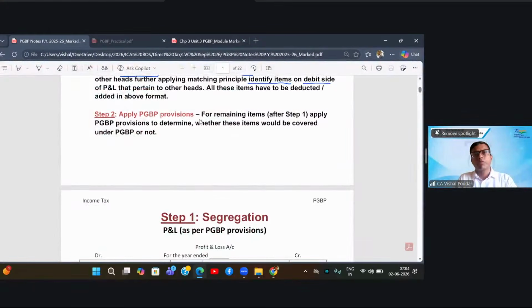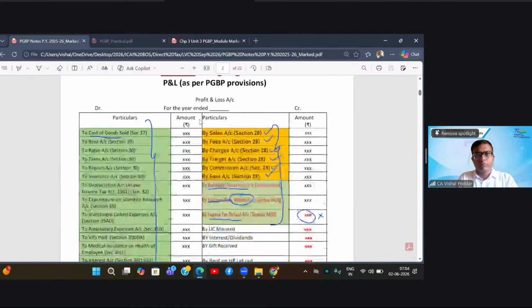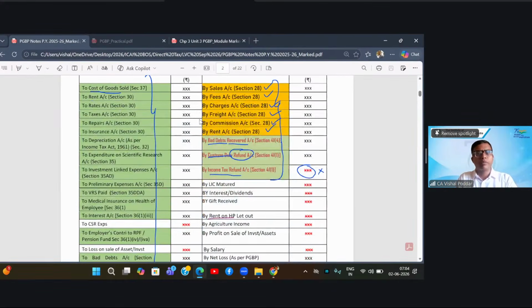Second, for the remaining items which are now left in your P&L as related to business only, for those items, now you have to check whether those items and their amounts are eligible to be considered for PGBP computation, applying the PGBP provisions, that is the PGBP conditions, restrictions, etc. So this is how your sum will appear.